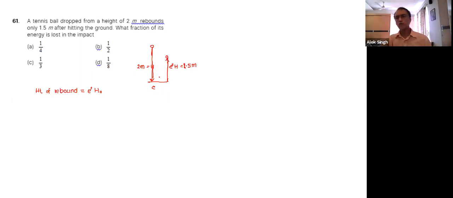Where exactly is the loss taking place during its motion? It falls from here to here, and then it goes back like this. Loss is taking place only at this point, during the impact. That's where the loss takes place. So how do you calculate initial energy and how do you calculate the loss of energy, Nishita?